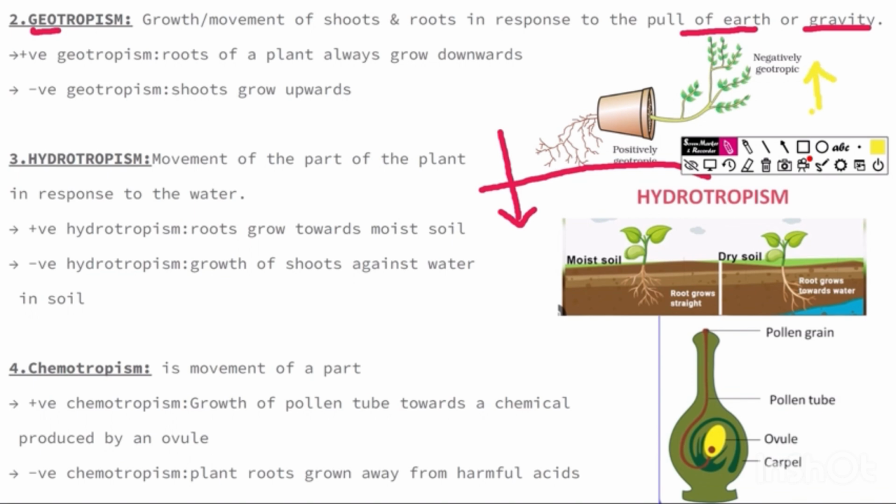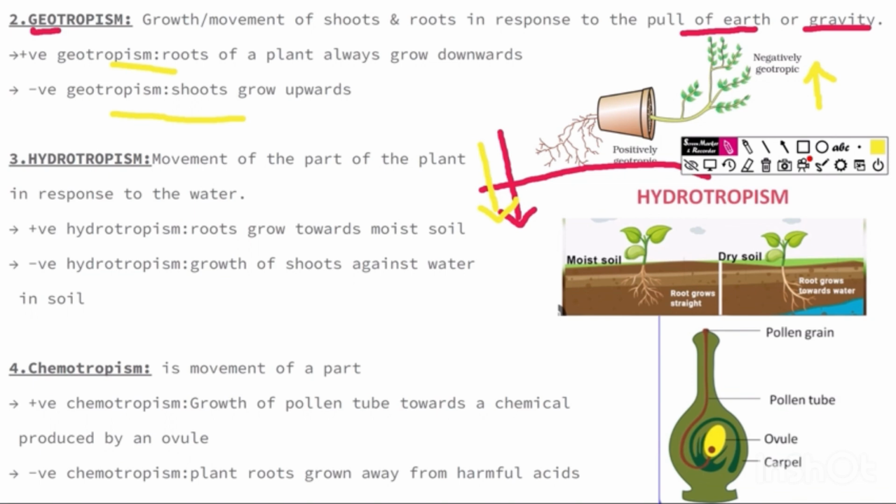This type of tropic movement is called negative geotropism, which is shown by the shoots. What is an example of positive geotropism, which is shown by the roots? Roots grow in the direction of gravity, that is, they grow downwards. So they show positive geotropism. Positive geotropism is shown by the roots and negative geotropism is shown by the shoots.